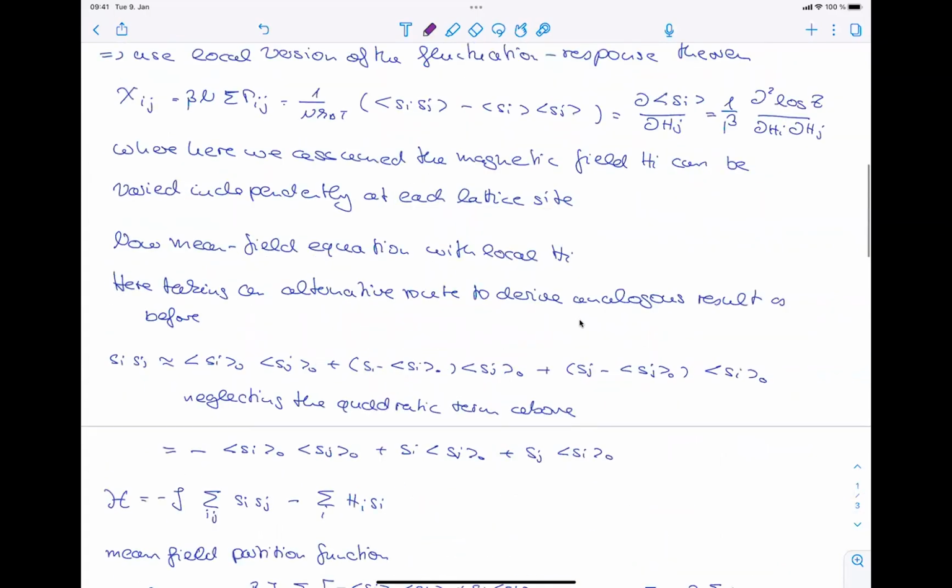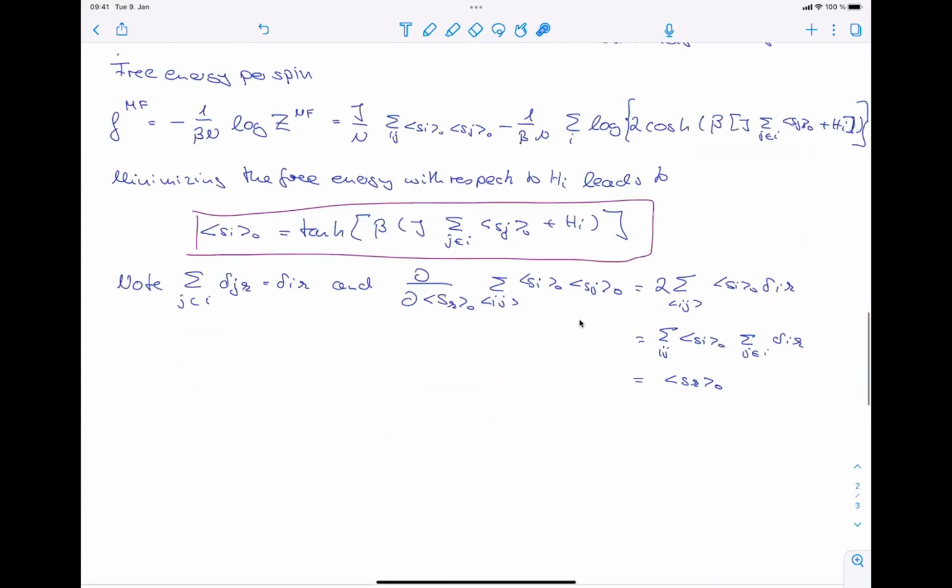This is what we're aiming for. But we only have the magnetization given in an implicit form. So we expand this expression yet again for small magnetization, around the critical point.